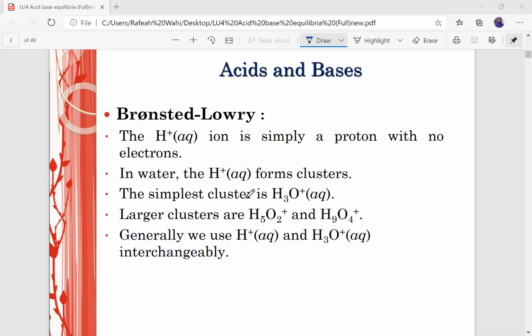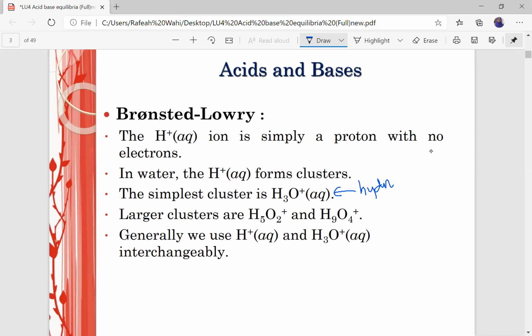The simplest cluster of H plus ion is the hydronium ion, H3O plus. Okay, and the H plus ion can also be in larger clusters, for example H5O2 plus and also H9O4 plus. However, we generally use the terms H plus ion and hydronium ion interchangeably during our discussion on acid and base equilibria.